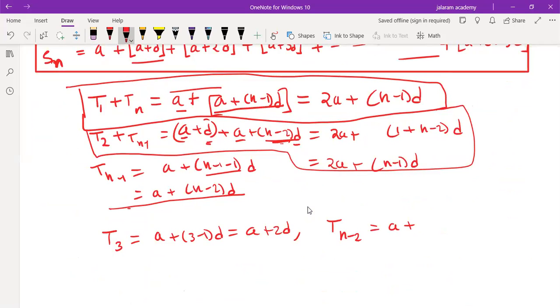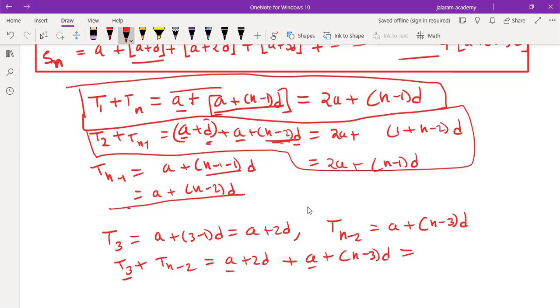So it is A plus n minus 2 minus 1, that is n minus 3 D. When we add them, we get A plus 2D plus A plus n minus 3 D. Now A plus A, 2A, plus when we take D common, it is 2 plus n minus 3 into D, that is 2A plus n minus 1 into D again.